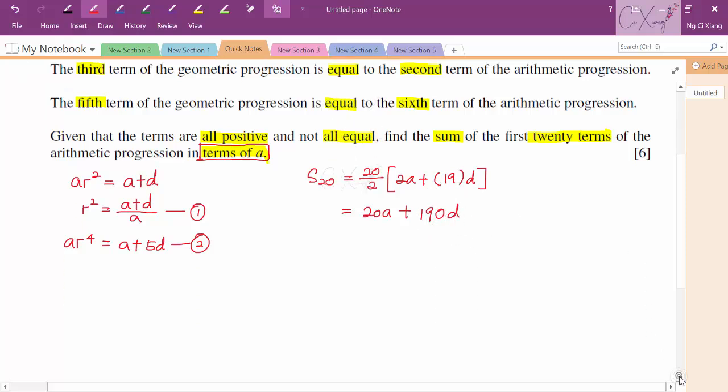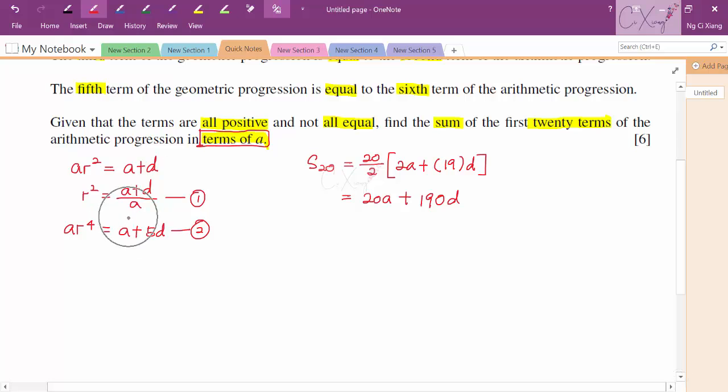To make the D disappear, it will be useful to find some information from these two equations. I have R squared equals (A plus D) over A, which is the first equation.